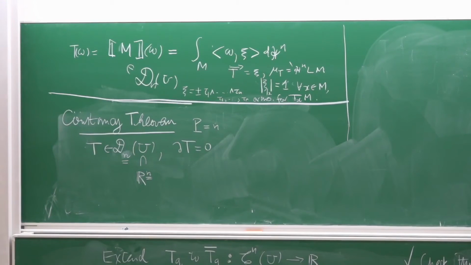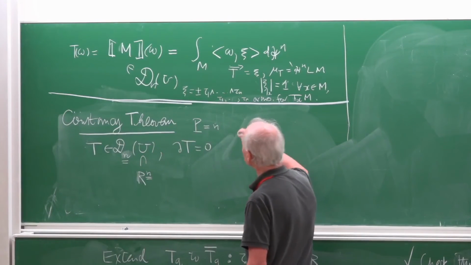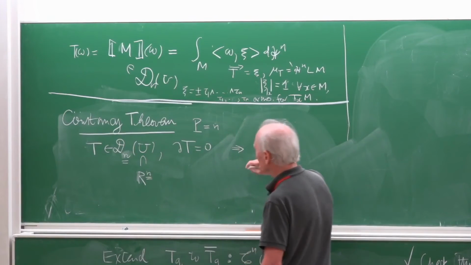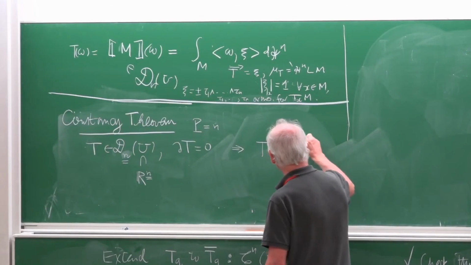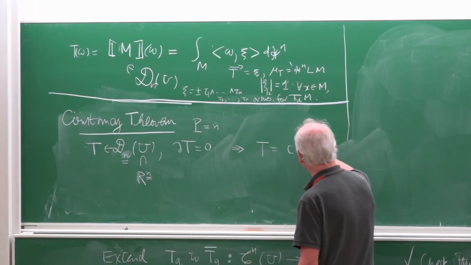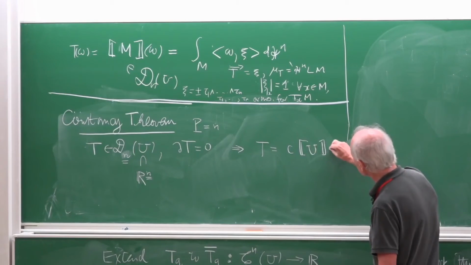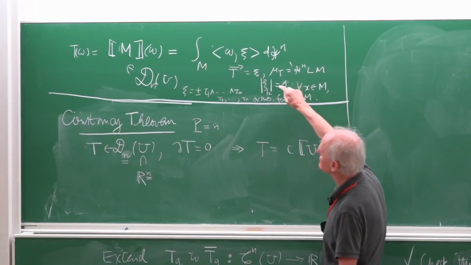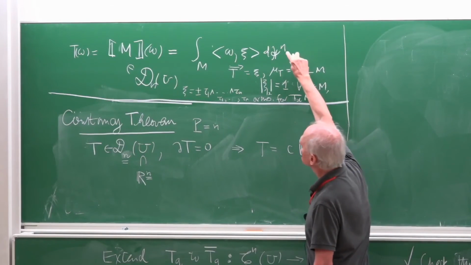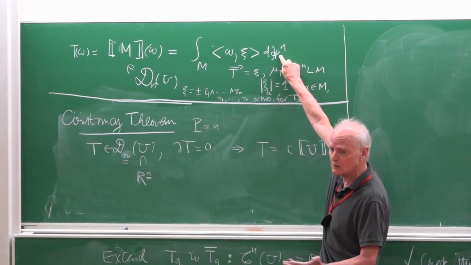We're taking an n-dimensional current in R^n, and it's got 0 boundary. Well, the claim is that in that case, T is just a constant times the current that you get by integration of forms over the open set U. Notice this is the same notation as we're using here in this prototypical case. It's just the special case of this when M is equal to an open set. It's the top dimensional case.